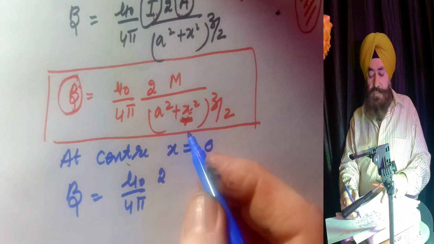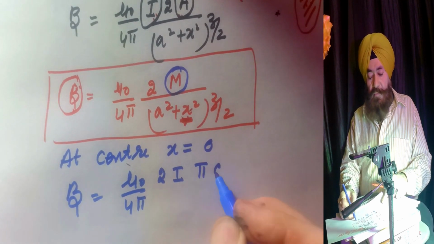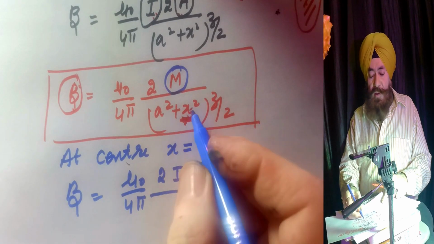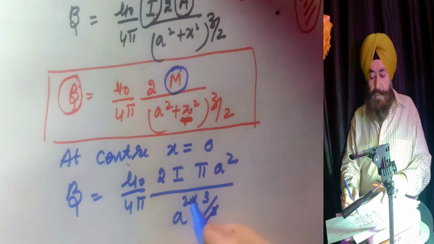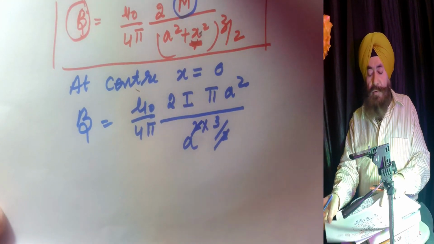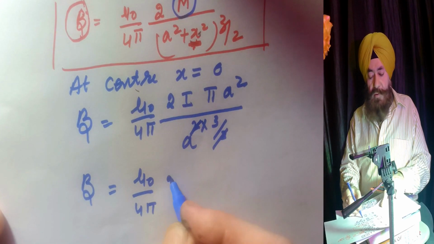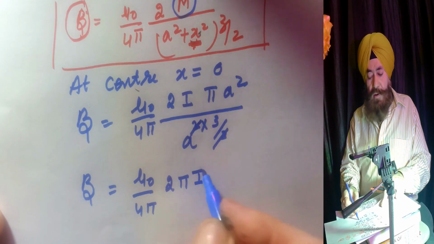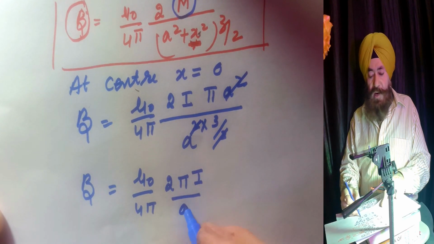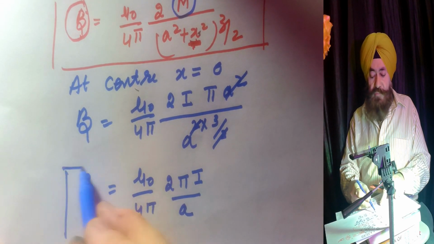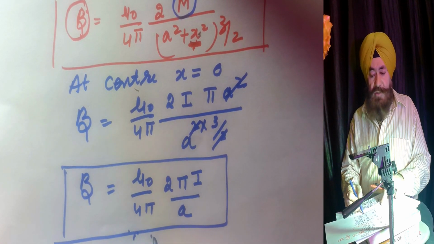The magnetic moment is current into pi r square, and with x 0, we get mu naught over 4 pi, 2 pi I upon a square; cancel with the cube and only a single power is left. So this is the magnetic field at the center of the loop.